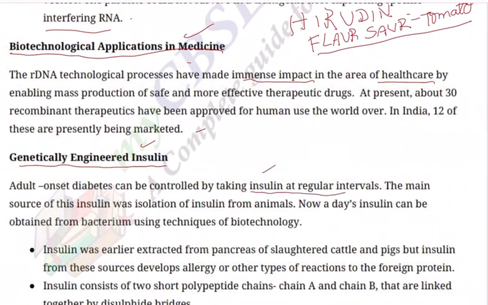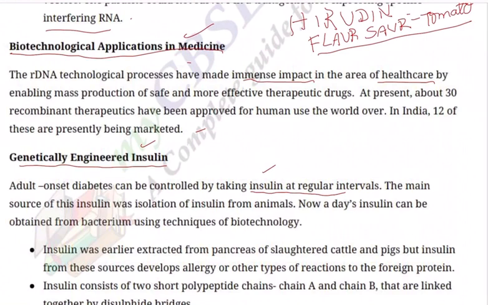Once the pancreas is not working, insulin deficiency takes place naturally. To control the blood sugar levels and to control the diabetes, insulin has to be given artificially to the diabetic person.